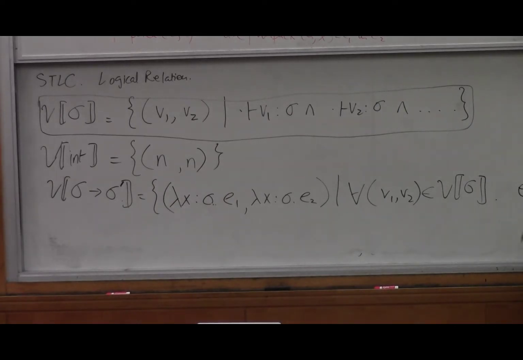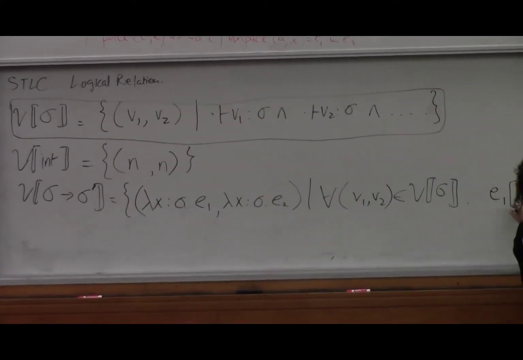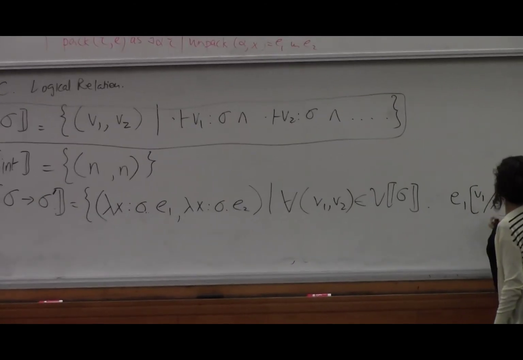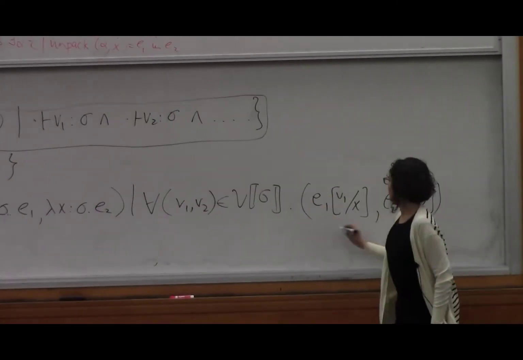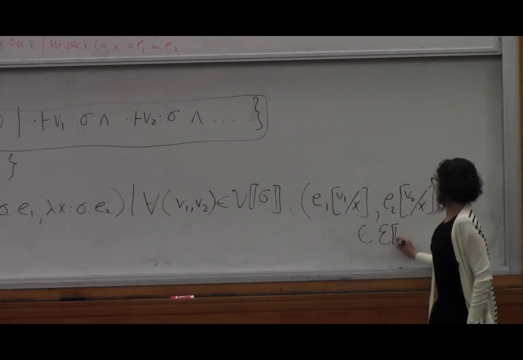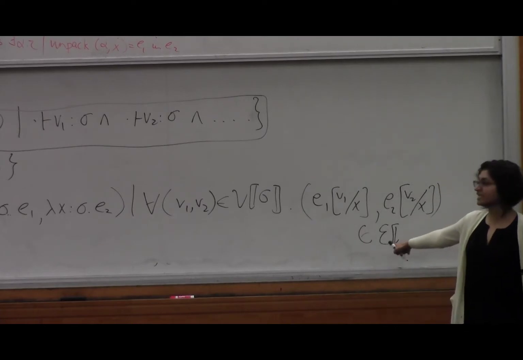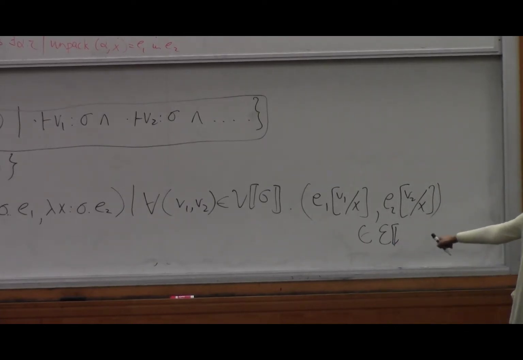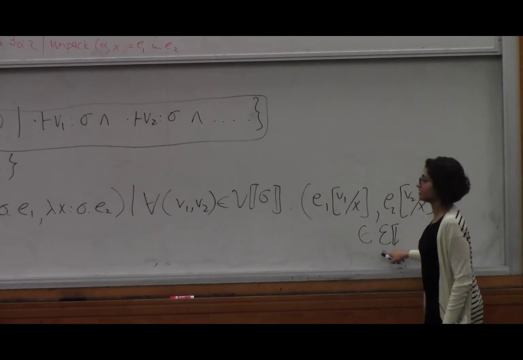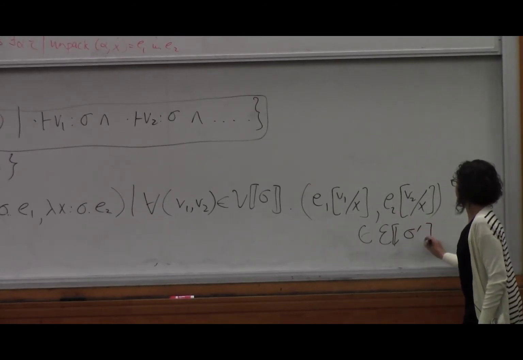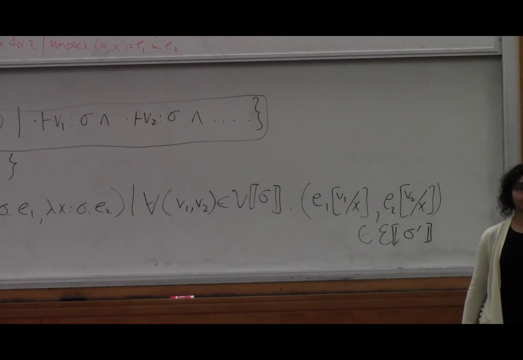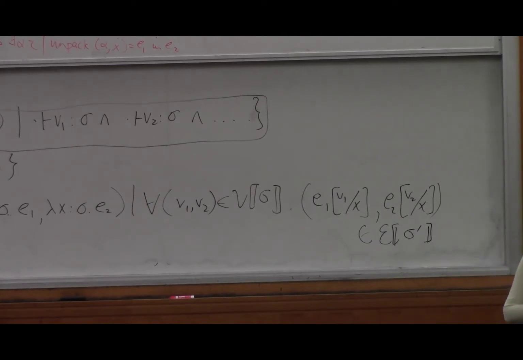If I take the first lambda's body and substitute v1 for x, and take the second lambda's body and substitute v2 for x, I better get related expressions. I'm going to start writing E relation now instead of V. Instead of the value relation, this is my expression relation, at the result type sigma prime. Everyone with me so far?